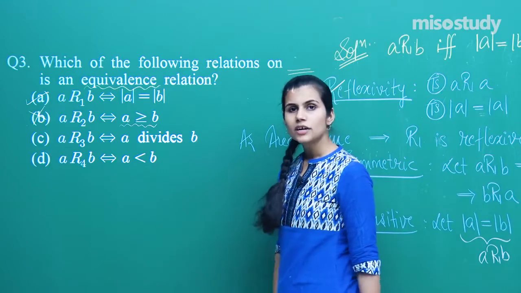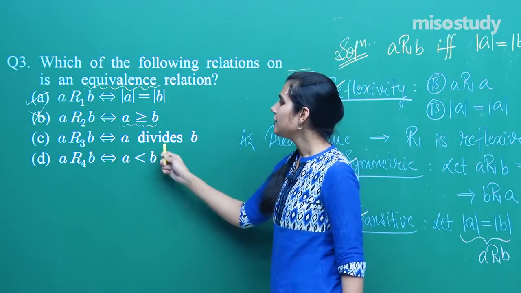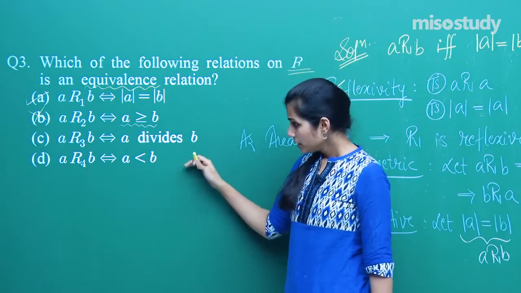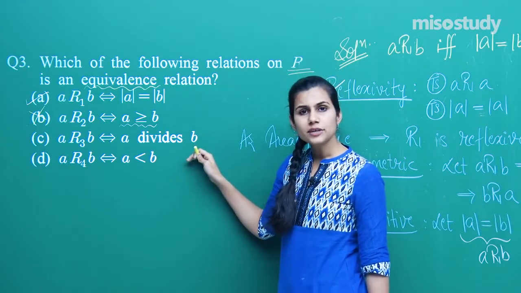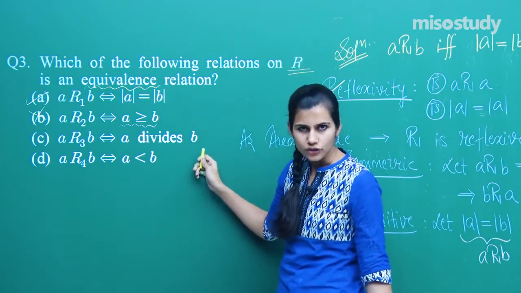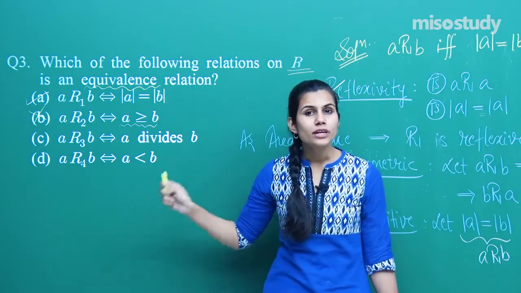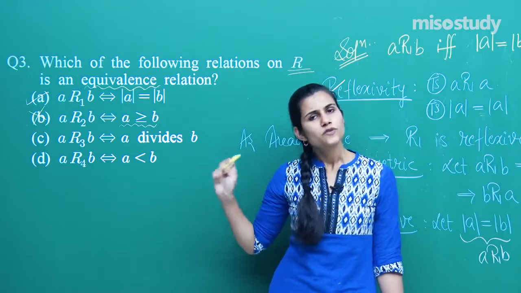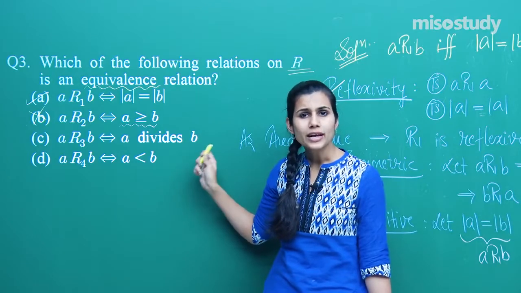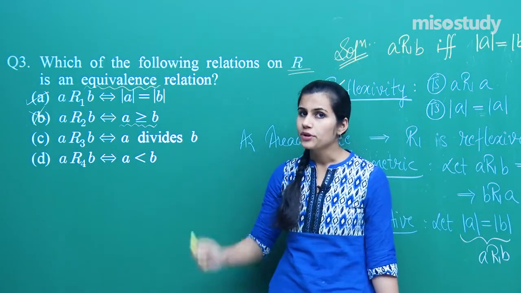If you try and observe R3, I have A divides B, only then A is related to B. Can you conclude that this is reflexive? Yes, of course, because A always divides itself, right? But if 2 divides 4, does 4 divide 2? Of course, 2 divides 4. You can divide 4 by 2 and get the remainder 0.